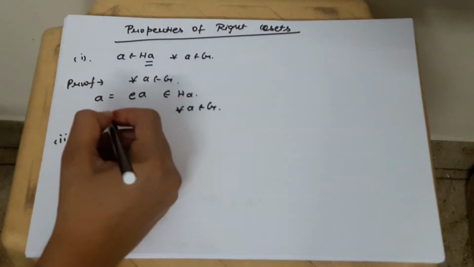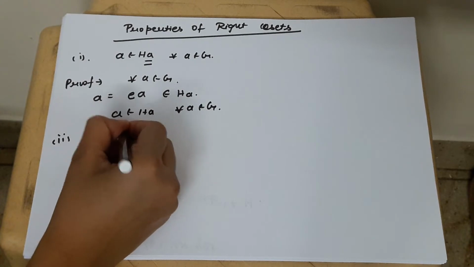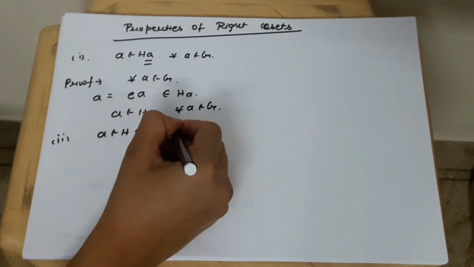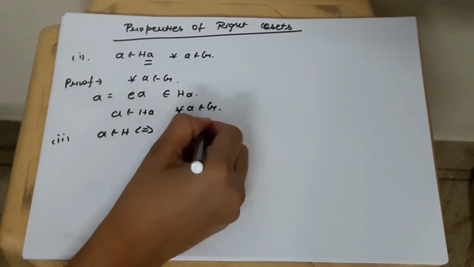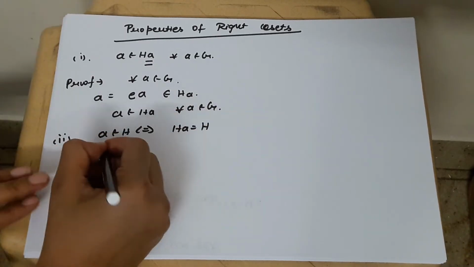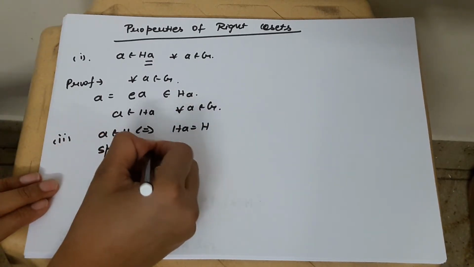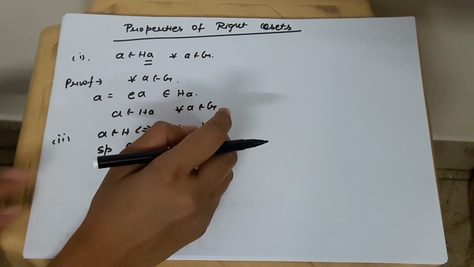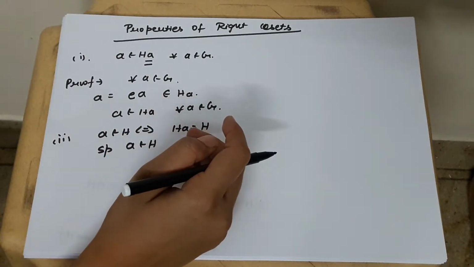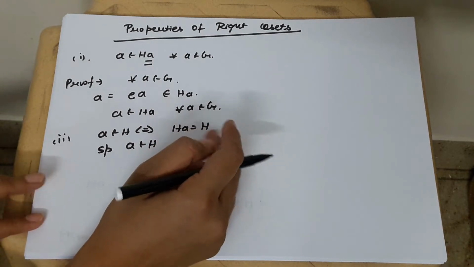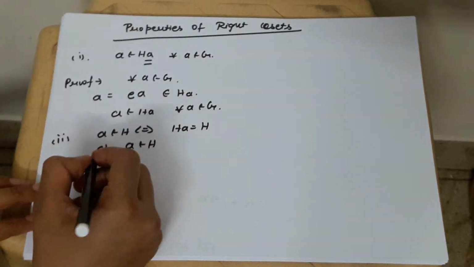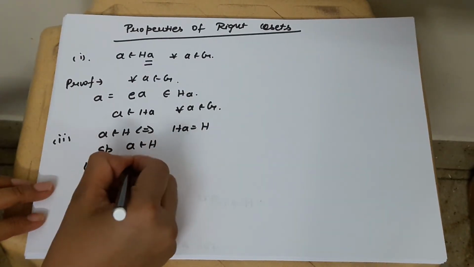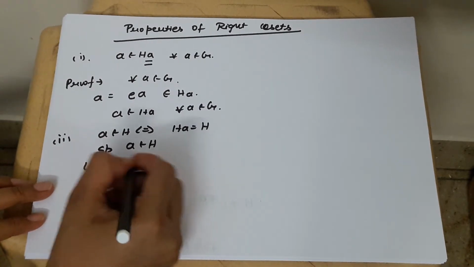Second property: a belongs to H if and only if Ha is equal to H. Suppose a belongs to H. Since this is an if and only if condition, we have to do both the necessary and the sufficient part, meaning the given part and the converse part. Let x belong to Ha.